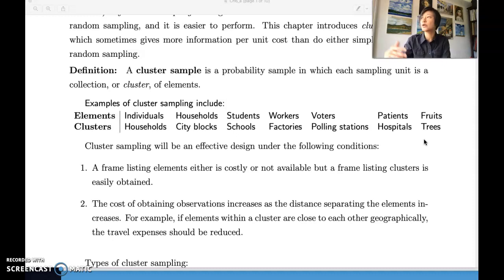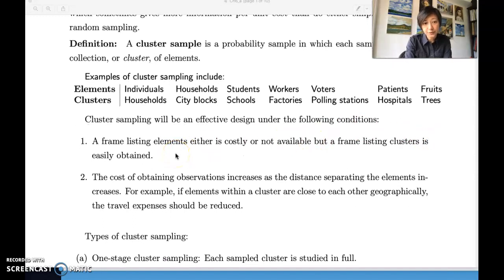So we think that we have 1,000 trees or 2,000 orange trees in the farm. We can just randomly choose a certain number of trees as our sample. So we just treat each tree as a cluster of fruits to collect the data.